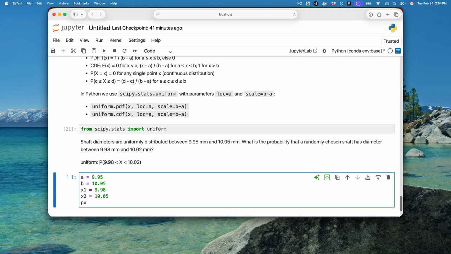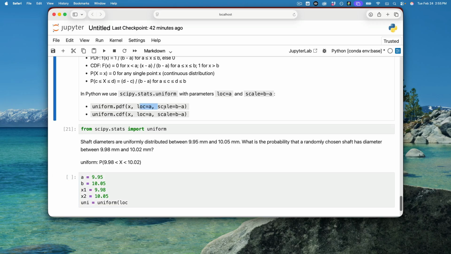And then my probability is equal to, or I can just type it, uniform.cdf. So this is an example where it's just easier to define the distribution itself. So I'm going to put uniform, and then I will define it. If you notice here, it needs two parameters, location and scale. So that's how you define the uniform distribution here.